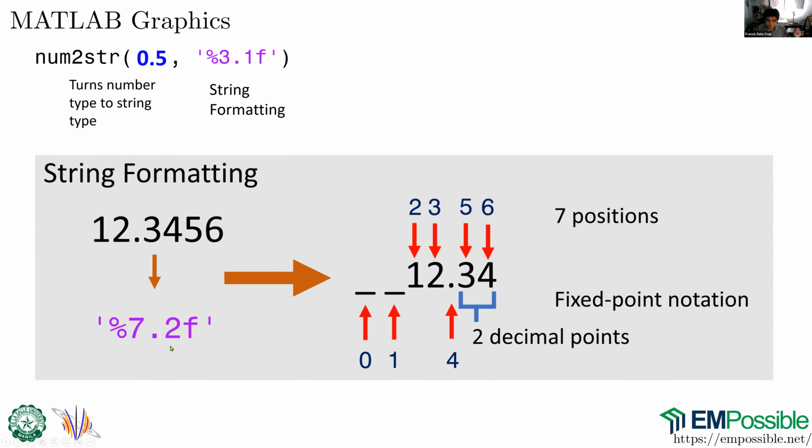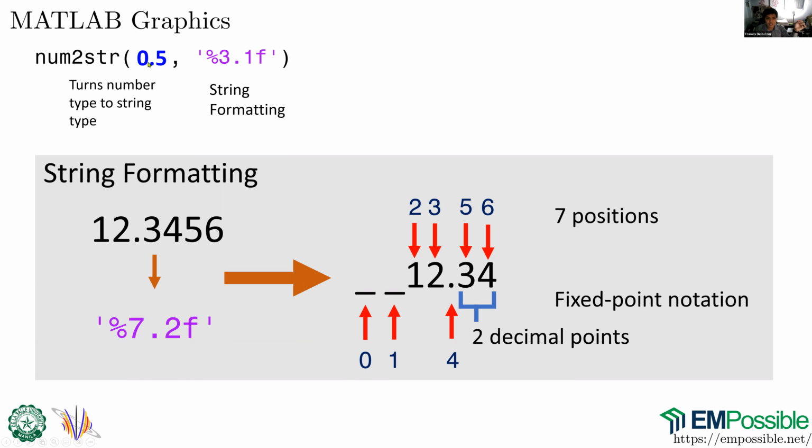Next, the 2 means 2 decimal places after the decimal point. And then the type of the data is fixed point notation. It doesn't change. It's not exponential, it's not scientific. So it's fixed point notation.